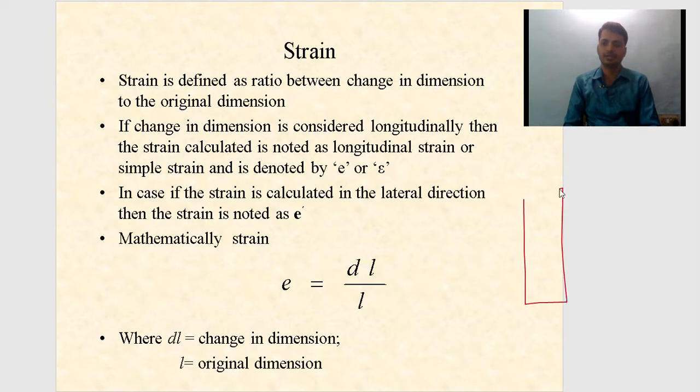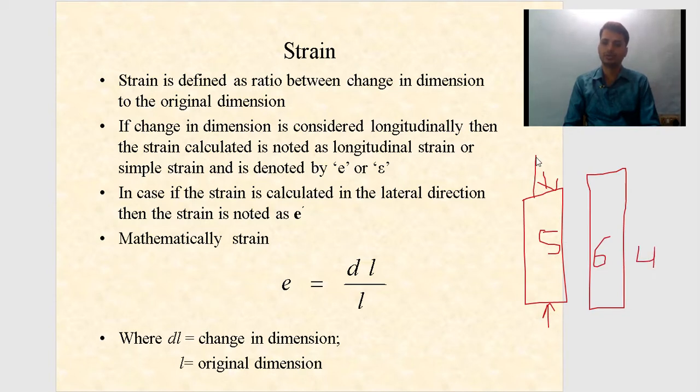See, I want to change the length of a material from 5 to 6. There are two things that will happen. If I give a compressive load, it may come to 4.